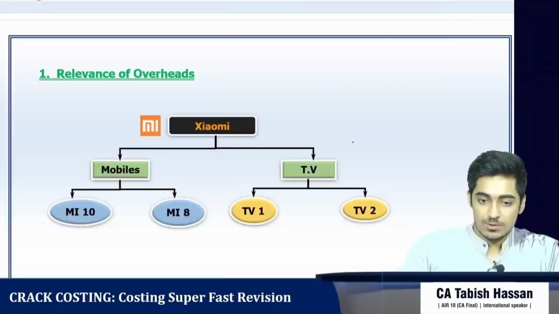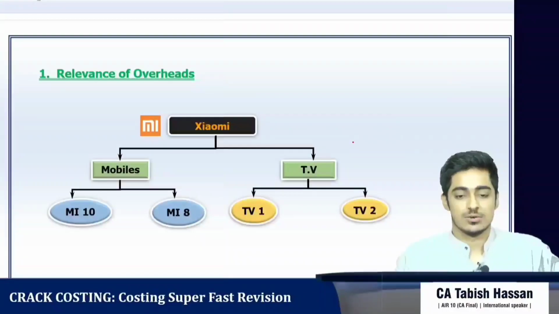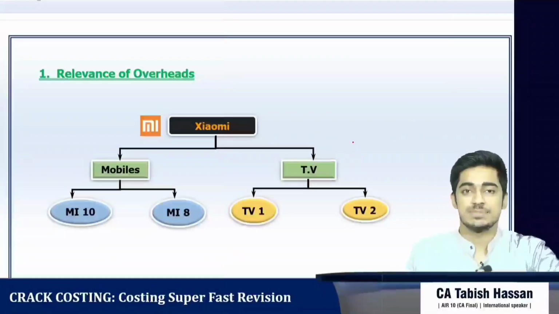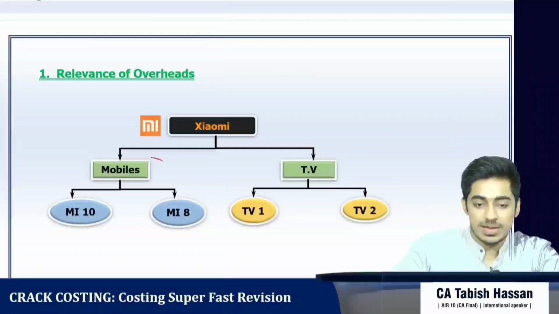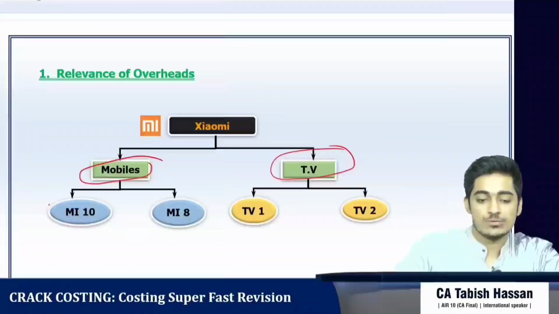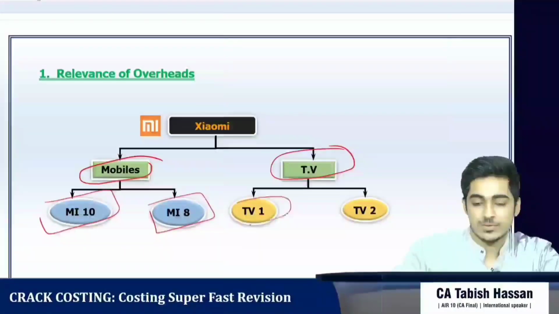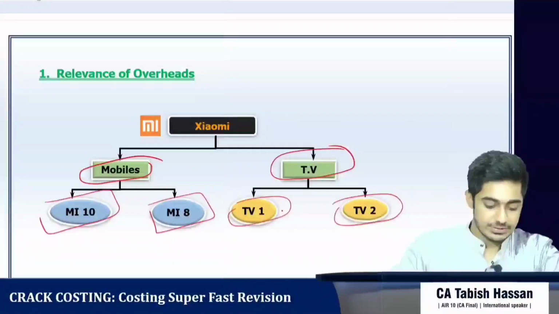Suppose we are Xiaomi. We manufacture multiple products from mobiles, TV, earphones, air purifiers, multiple products. But just for simplicity, I have taken that we manufacture mobiles and TV. That too, we have 2 models of mobiles, MI10, MI8, and we've got 2 TVs, TV1 and TV2.